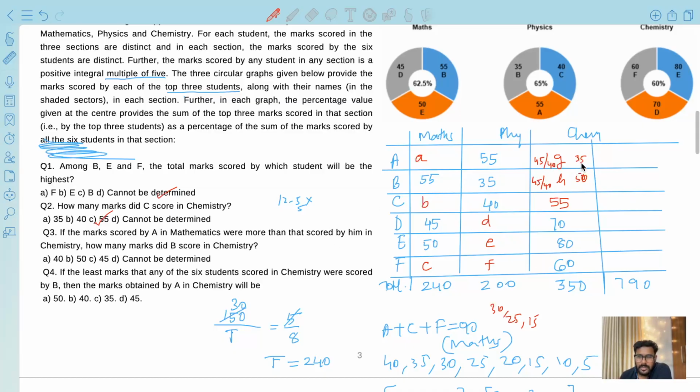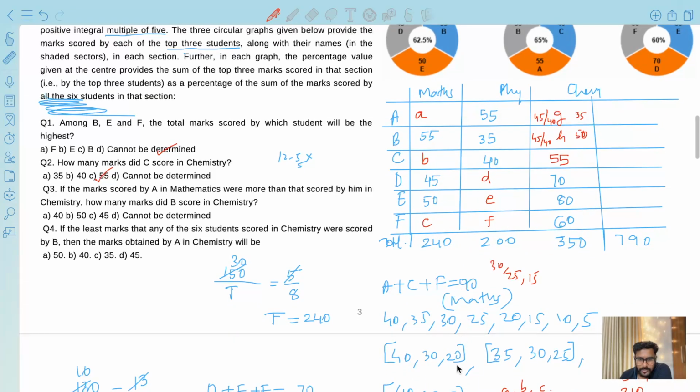That means 35, 40, 45, or above, like 50 and above. Is there any option for 50 and above?